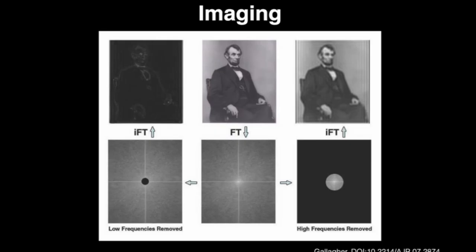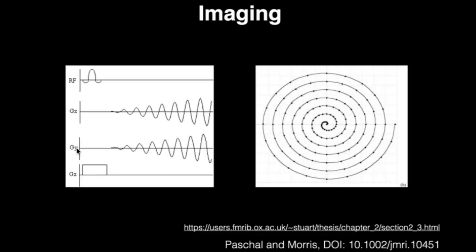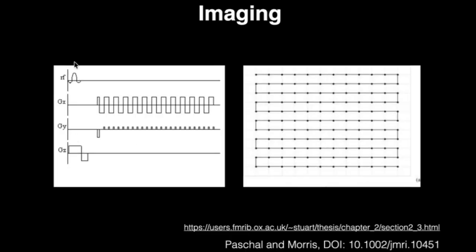Now, in order to collect this data efficiently for fMRI, we want to get this spatial information very, very quickly. Conventional imaging does this first bit here, where for GZ and RF you have your slice selection, and then you do a little bit of encoding and usually acquire one line of data.